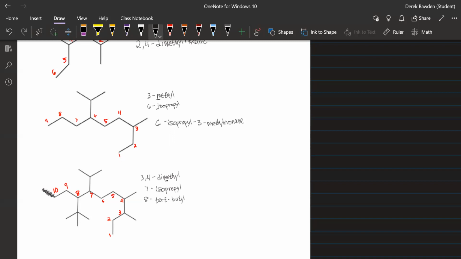Alphabetically, which one are we going to determine between? Are we using the T for tert or B for butyl? B. Perfect. Okay, there's only 2 in which we use the B for butyl, and that's sec-butyl and tert-butyl.